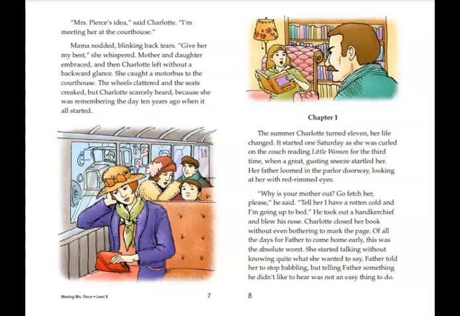He took out a handkerchief and blew his nose. Charlotte closed her book without even bothering to mark the page. Of all the days for her father to come home early, this was the absolute worst. She started talking without knowing quite what she wanted to say. Father told her to stop babbling, but telling Father something he didn't like to hear was not an easy thing to do.